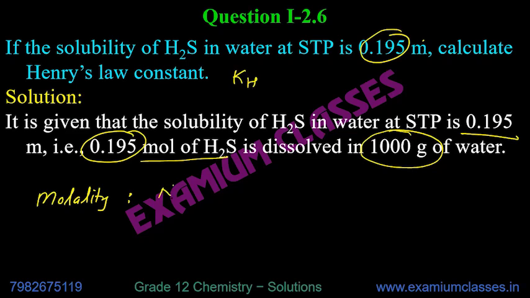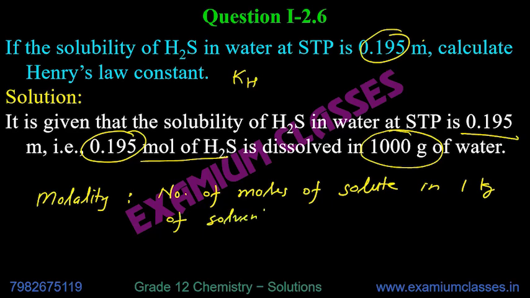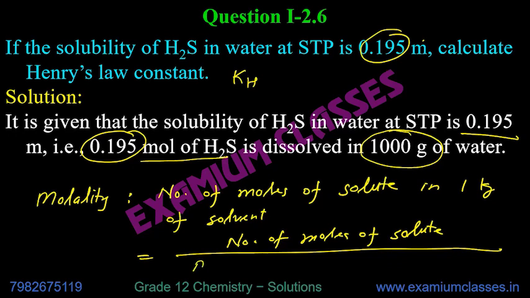It is the number of moles of solute in 1 kilogram of solvent, that is, number of moles of solute divided by mass of solvent in kg. You know that. That's why it is the number of moles of solute in 1000 grams of solvent, which is water here.